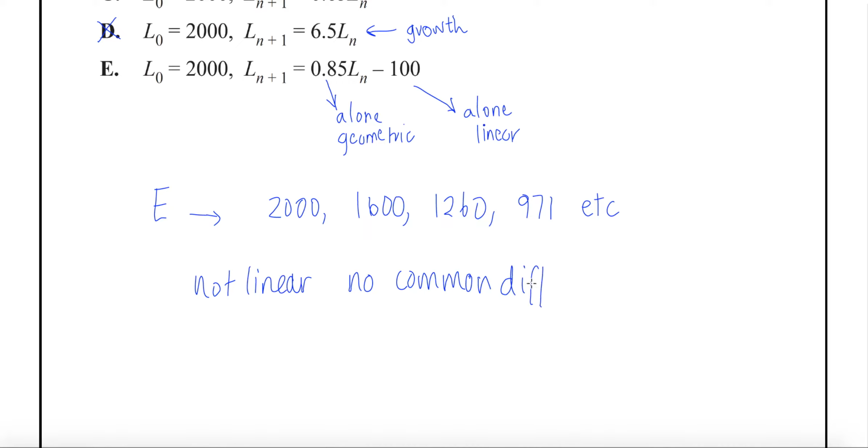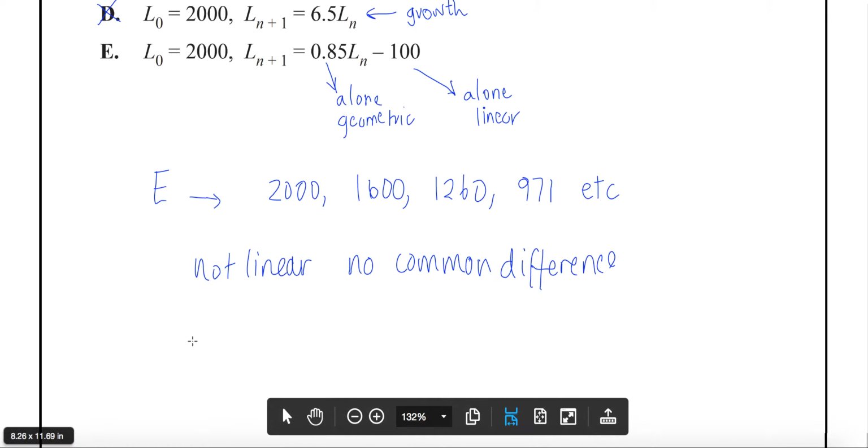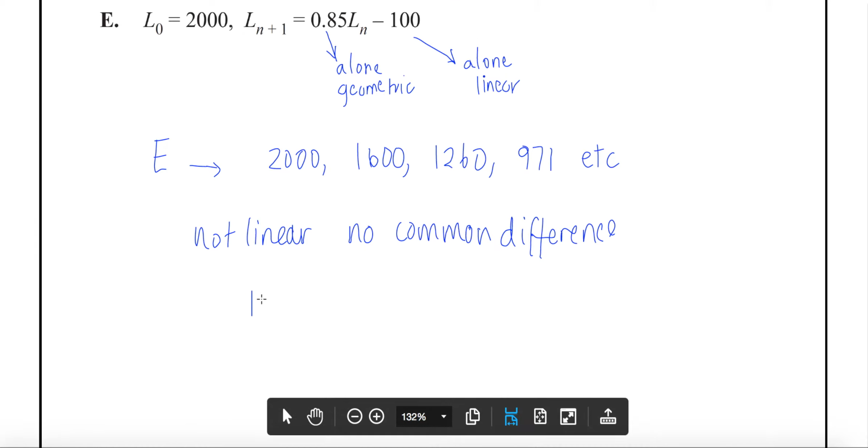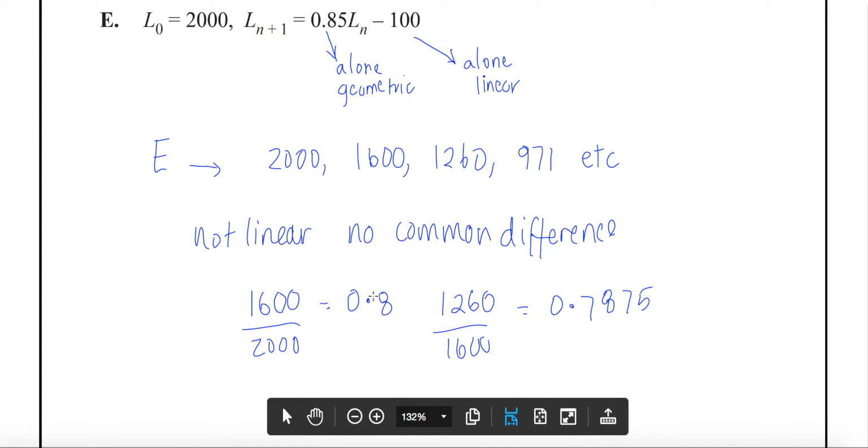Now, to test if it was geometric, we would check for a common ratio. So if you do 1600 over 2000, you get 0.8. Now try 1260 over 1600. We actually get a different value.